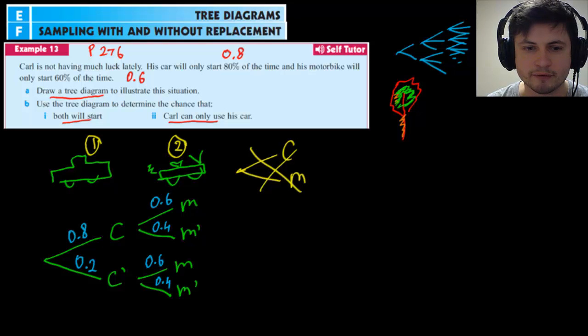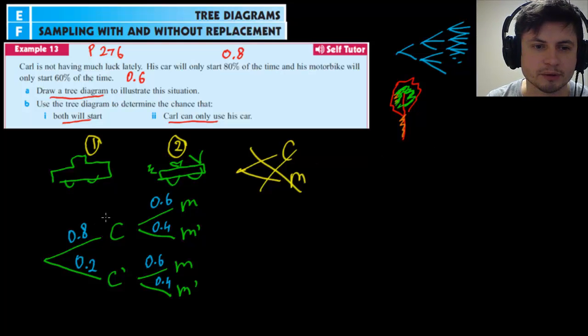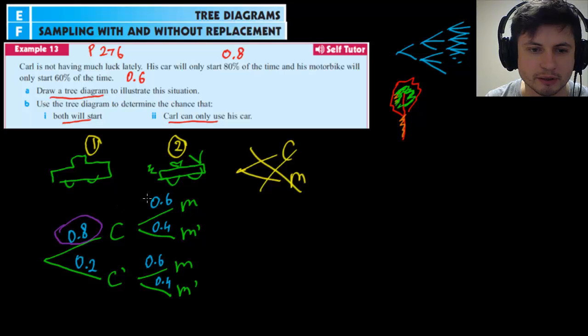So we have two events with two branches each, and above each branch we write our probability. Now, this is how it works. Whenever you are trying to find the probability of two events using the tree, you have to multiply the values along the branches. For our first question, both will start. So this will start, and this will start.